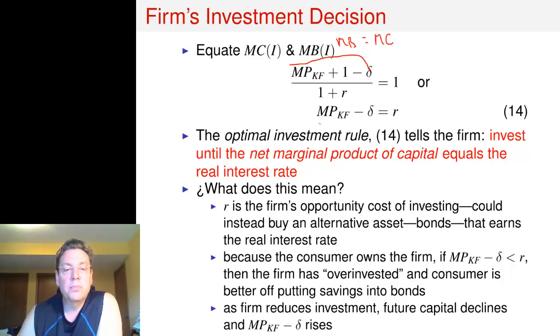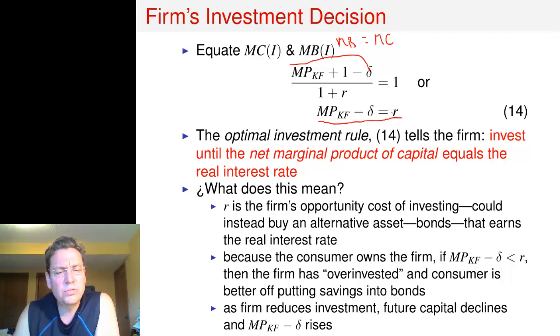And then through some high-level mathematics, we can simplify this to look like equation 14, which on the left-hand side is what we would call the net marginal product of capital. So it's the marginal product of capital net of depreciation. The right-hand side is the real interest rate.